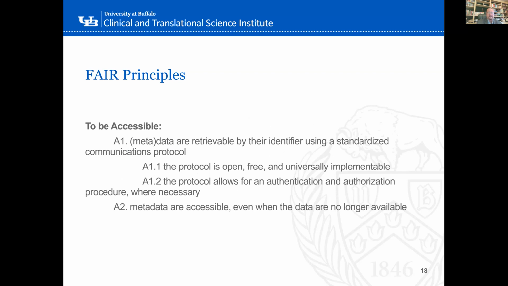To be accessible, the A, data are retrievable by their identifier using a standardized communication protocol. The protocol is open, free, and universally implementable. The protocol allows for authentication and authorization procedure where necessary. And the metadata are accessible even when the data are no longer available. This is very important so that you have pointers to how this metadata got there.